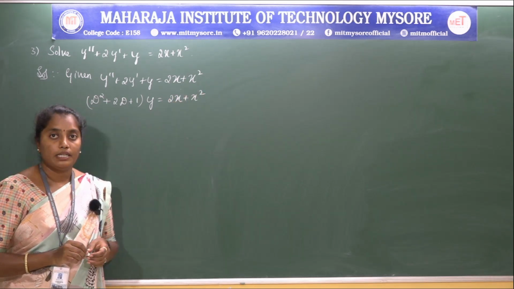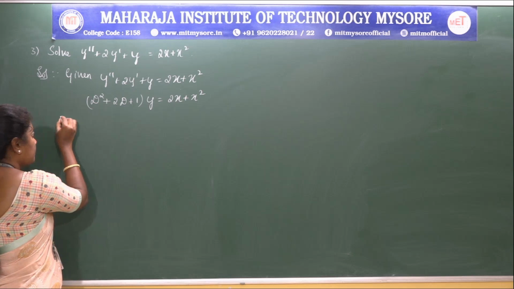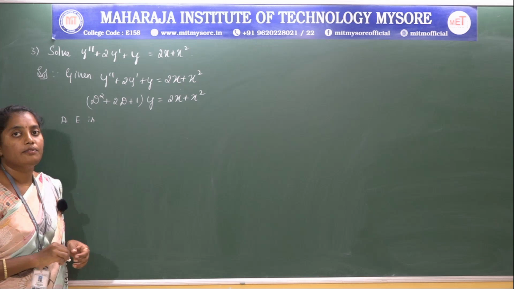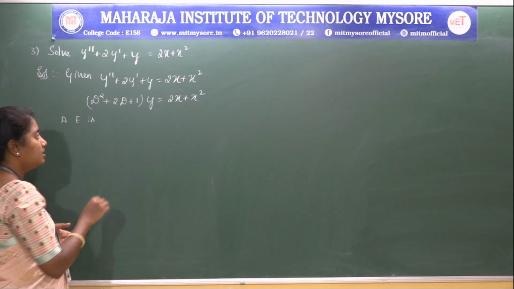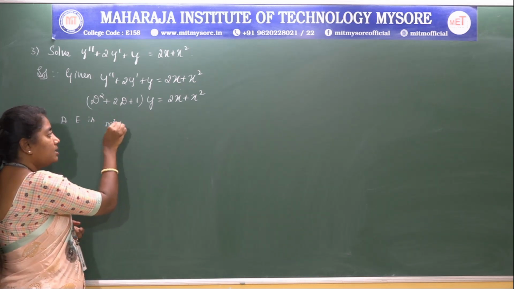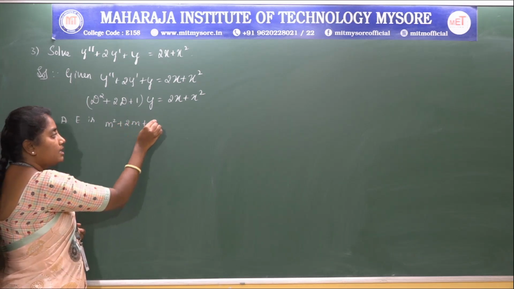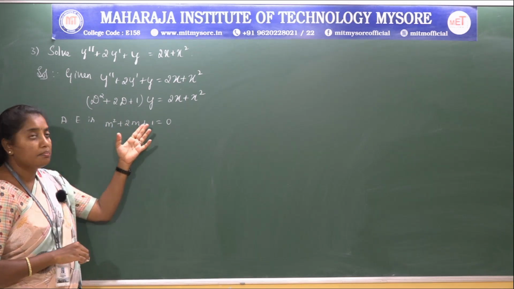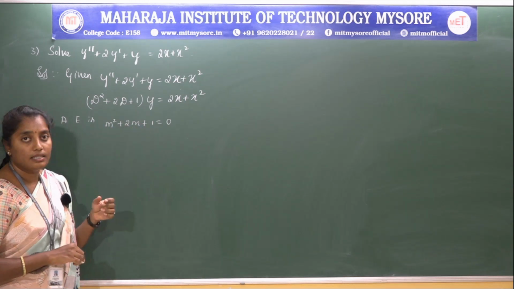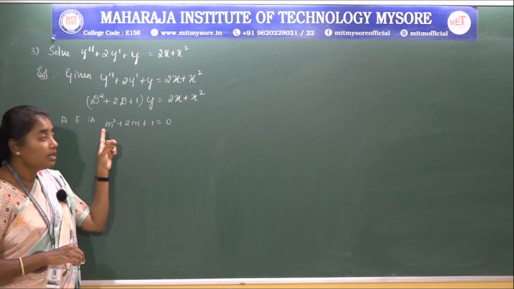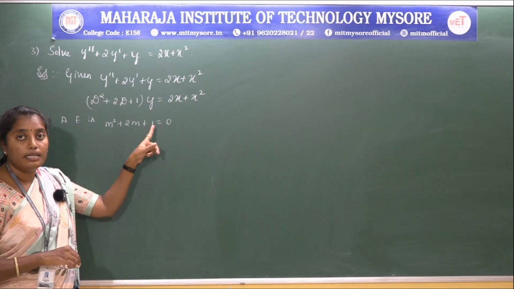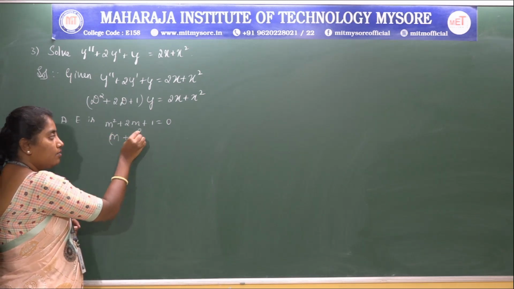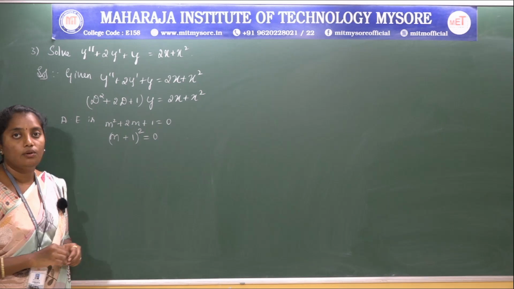To find the complementary function of this equation, let us write the auxiliary equation by replacing the differential operator with a constant term m, that is m square plus 2m plus 1 is equal to 0. Here no need to factorize this because this is in the standard form, a square plus 2ab plus b square, where a is equal to m, b is equal to 1, which is m plus 1 whole square.